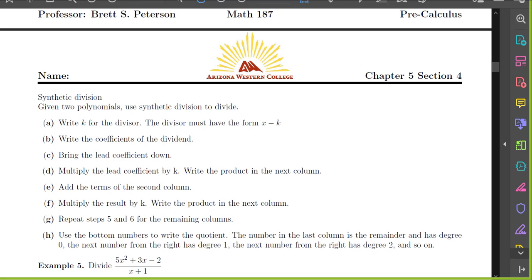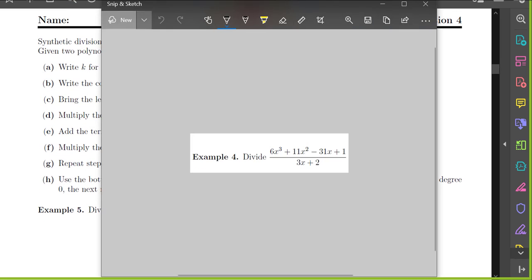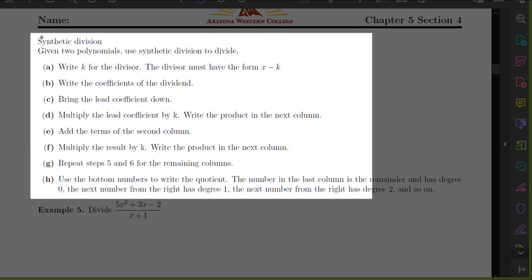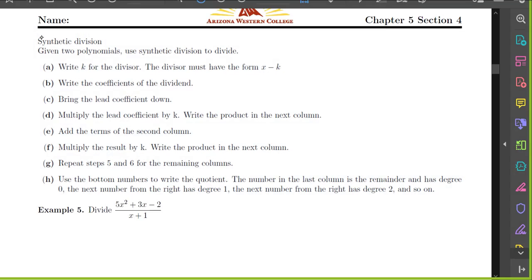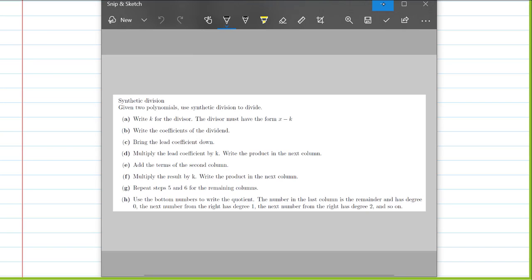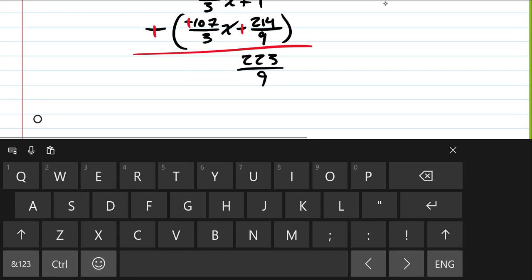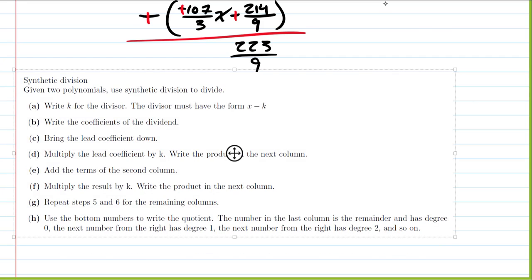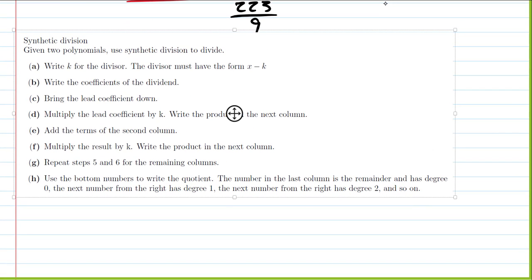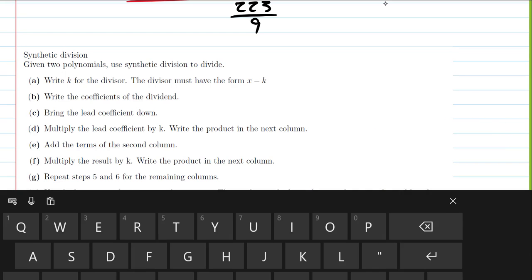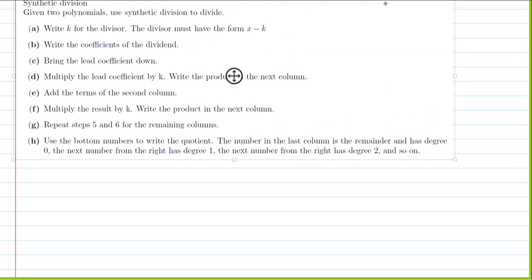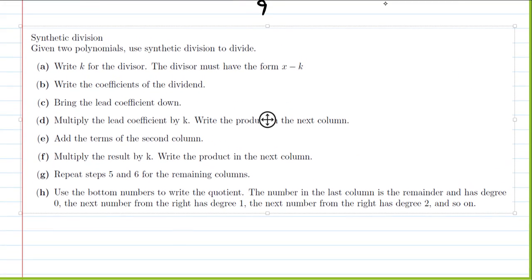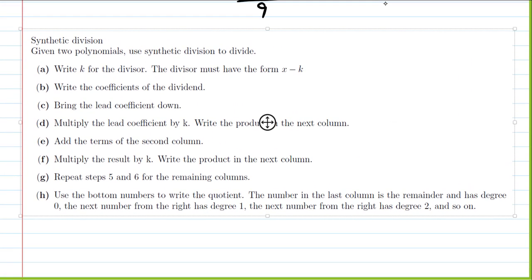So turns out there is another way we can do division called synthetic division. Synthetic division turns out to be a bit easier to execute, but it is also slightly limited on what we can do. So when we're trying to do synthetic division, the first thing we have to be aware of is we can only use it if the divisor is degree 1 with the x coefficient being 1.